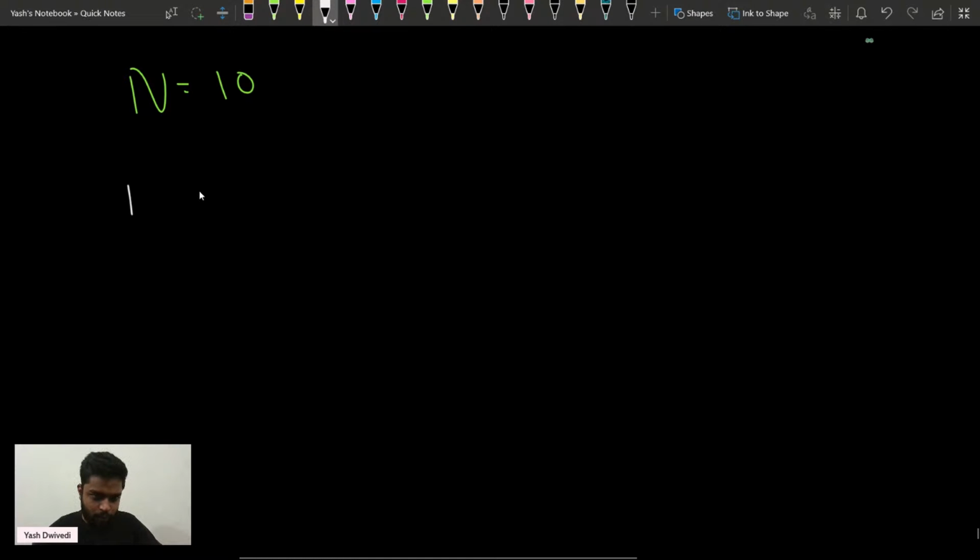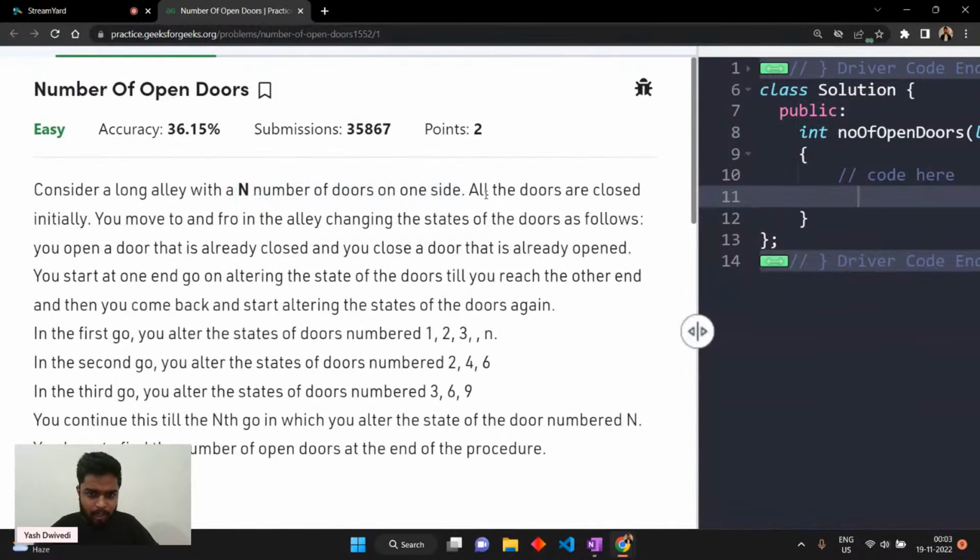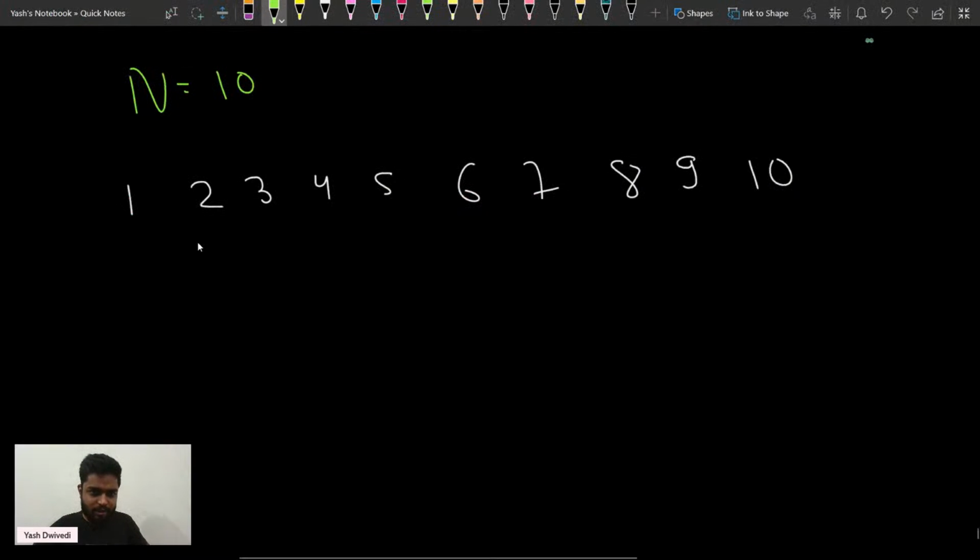We will have the door number one, two, three, four, five, six, seven, 8, 9, 10. So when n is 10, there will be 10 doors. Initially, all the doors are closed, right? All of the doors that have been given, they are closed.